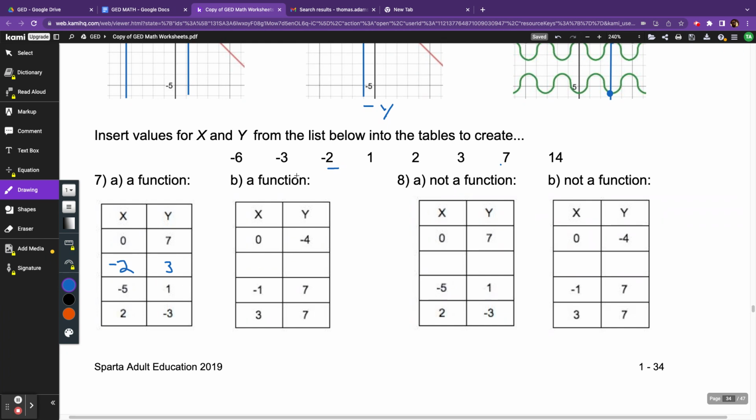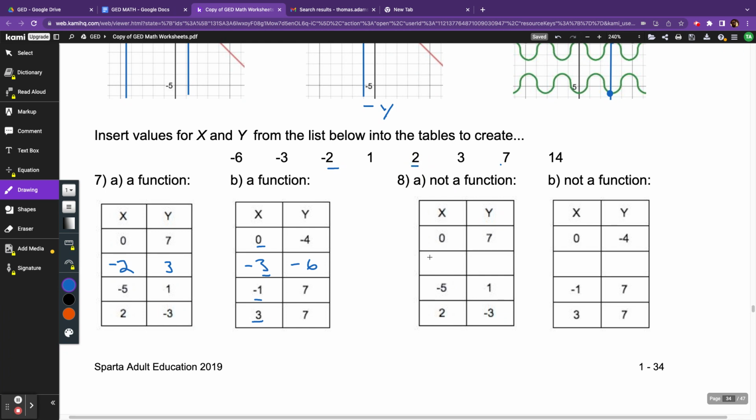On this one, you could do the same thing. You could say -3, comma, -6. It doesn't matter. The x's don't repeat. I have a 0, a -3, a -1, and a +3. Now, not a function means I have to pick a number that repeats.